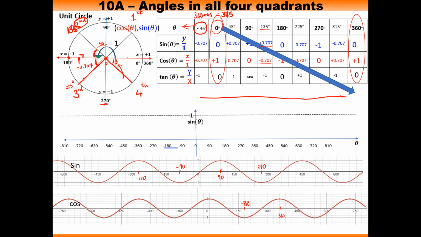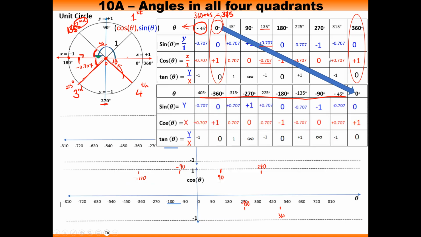So you notice that sine, you need to make this association, is associated with the y, the vertical length of the triangle, or the opposite side of the triangle. When y turns negative, sine is negative.